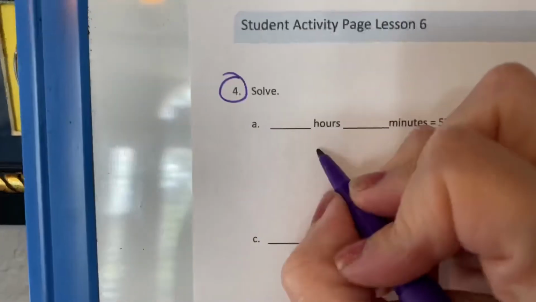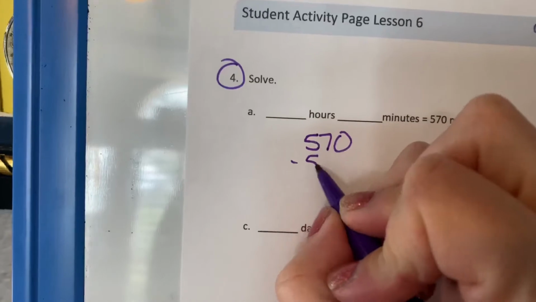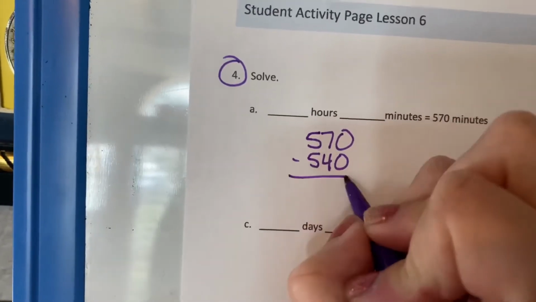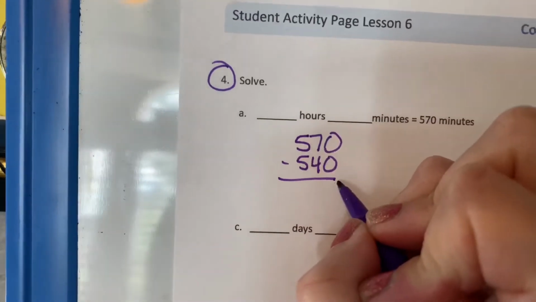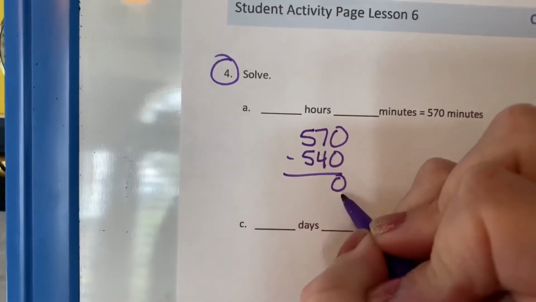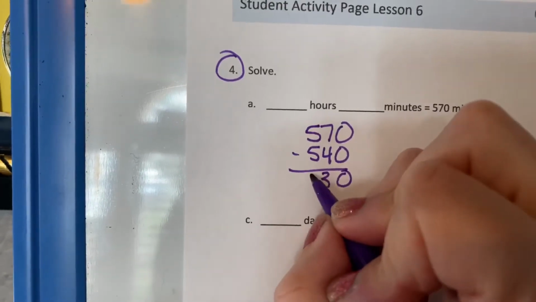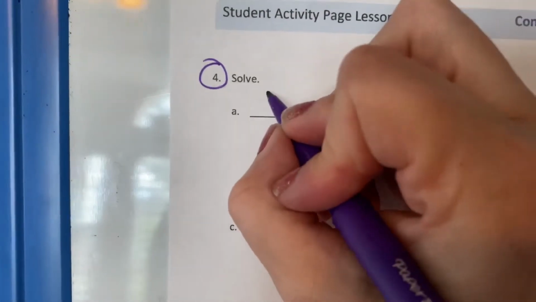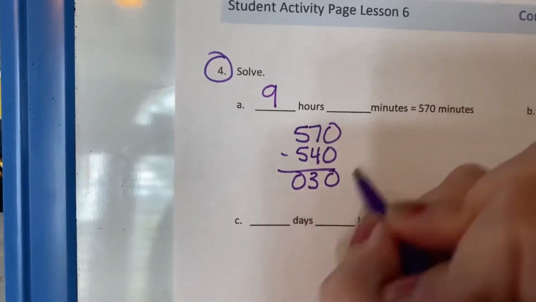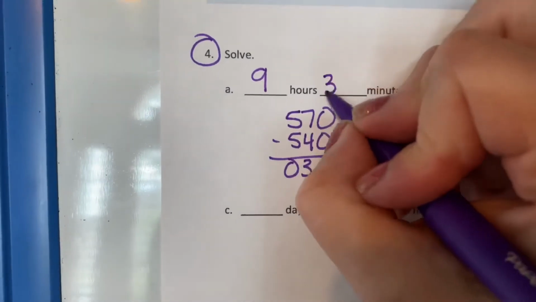So now I'm going to write 570 minus 540 and find my difference, which means I'm subtracting. And so 0 minus 0 is 0, 7 minus 4 is 3, 5 minus 5 is 0. So my first one is 9 hours, because this here represented the 9 hours, and what I had left over was 30 minutes.